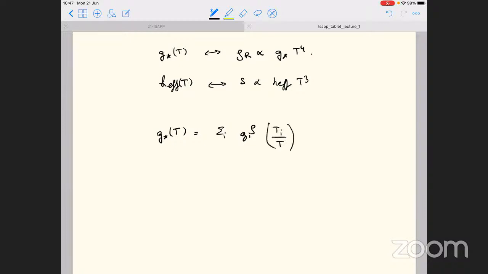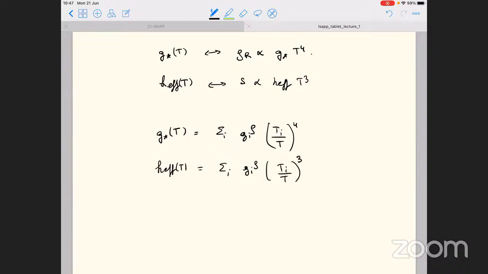This is, for example, the case of neutrinos today. While h_F T is equal to the sum of the number of degrees of freedom of each species times T_i divided by T to the power 3.